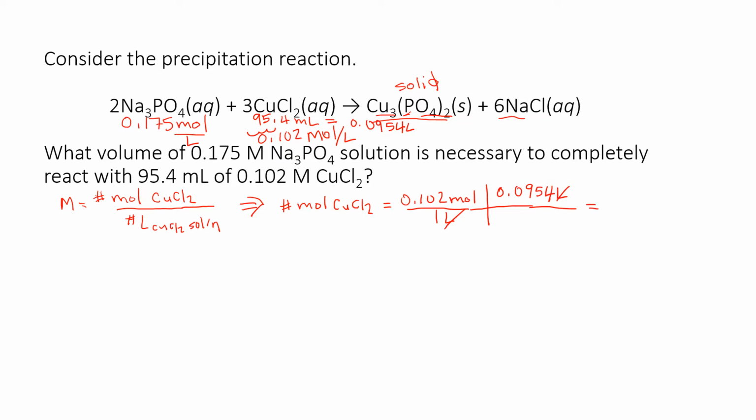Well, that's going to give me 0.00973 moles of copper 2 chloride. That's the number of moles of copper 2 chloride solute I have in my 95.4 ml solution. All right. So that's step 1 in this process.